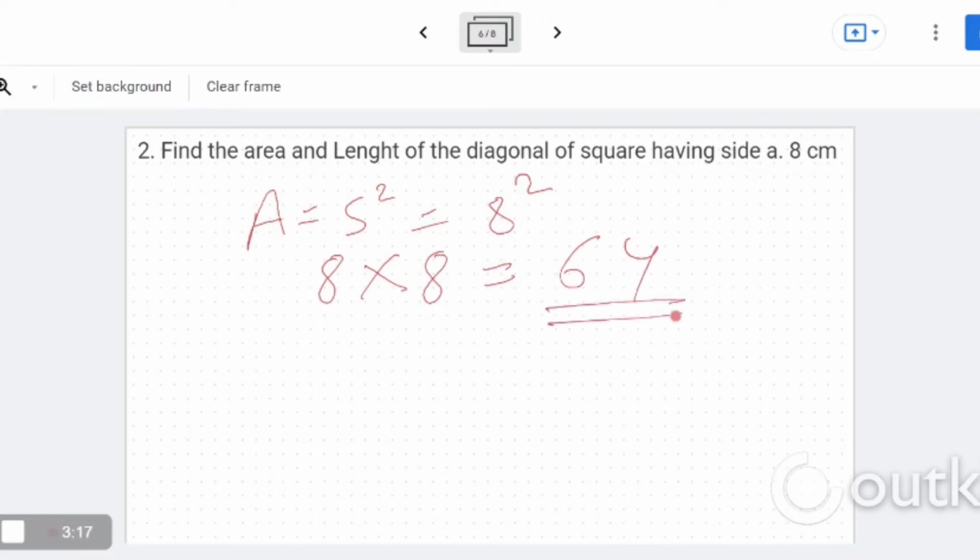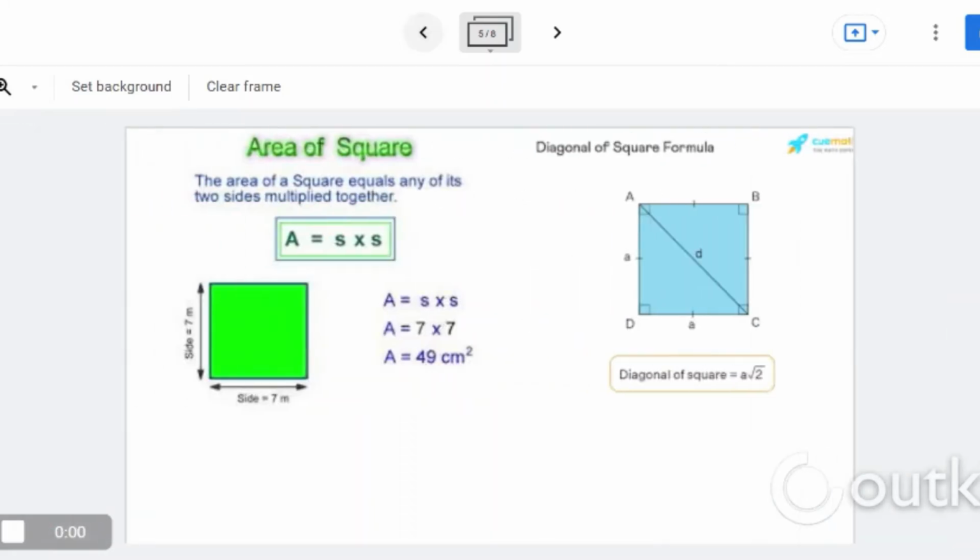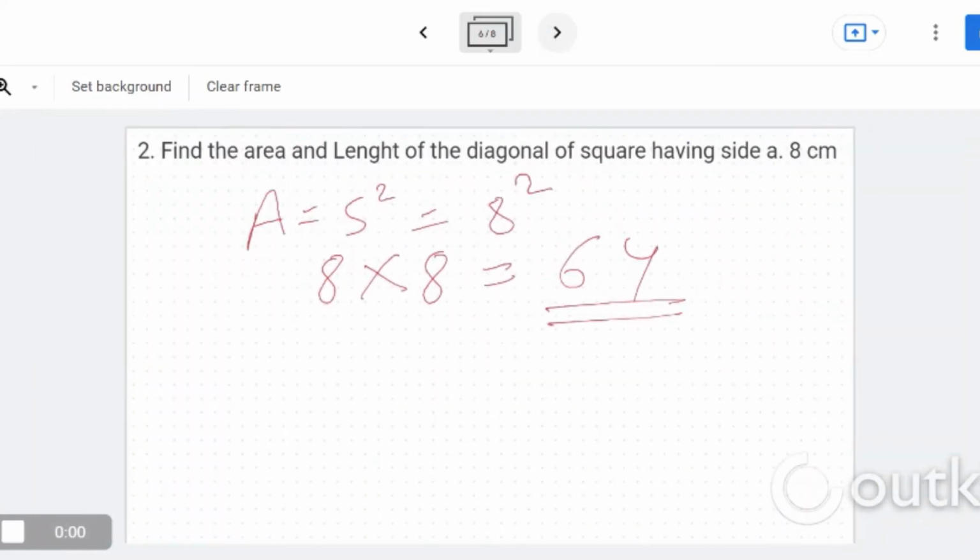Okay, and what is my formula to find out the diagonal? Let us go back. The formula to find out the diagonal is equal to a into root over 2. So my diagonal is equal to a into root over 2. Now a is my side, that is 8, into root over 2. If you see it in your book, it is given as 1.414.